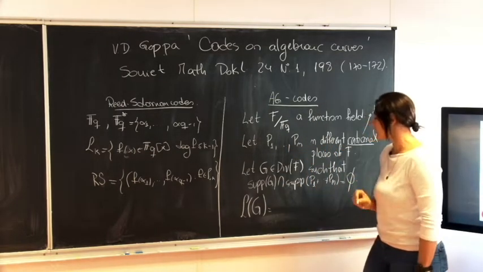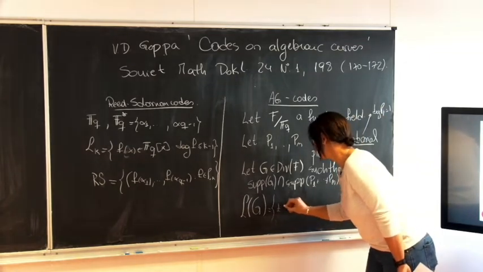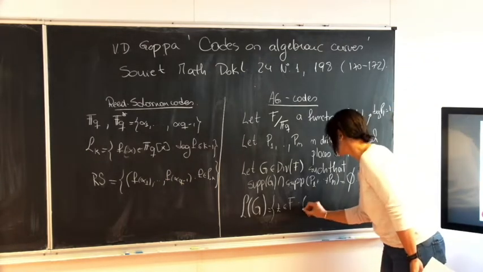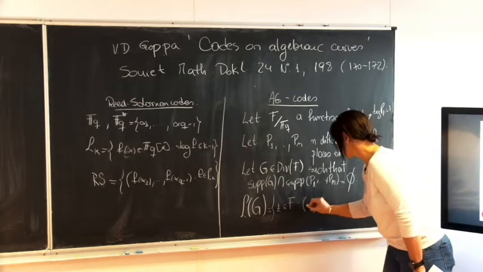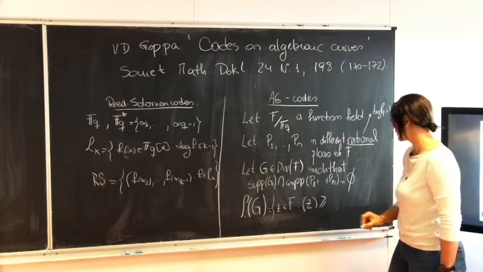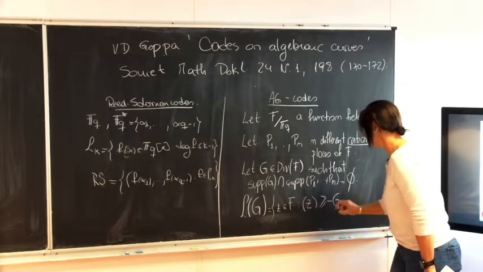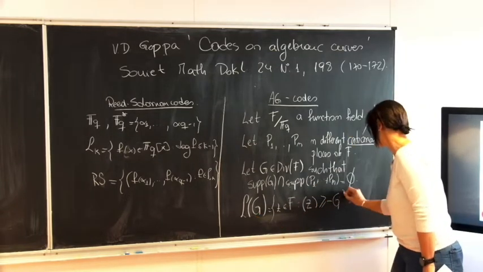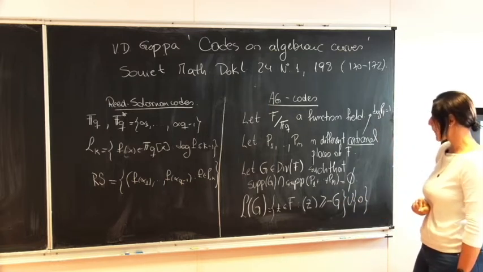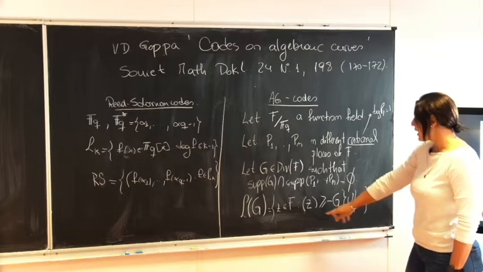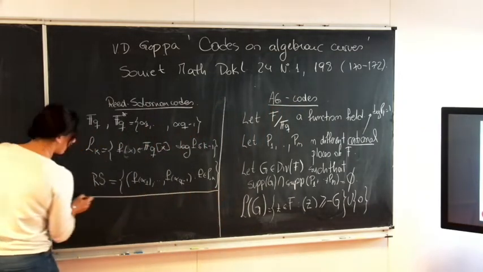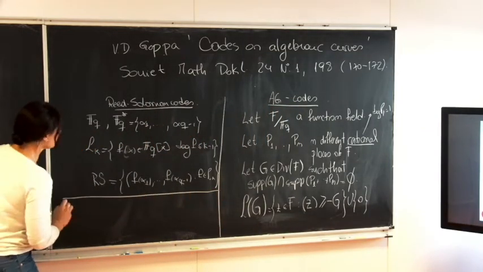And so instead of using this set, we use the Riemann-Roch space associated to G that we defined yesterday, where all the elements z of the function field are such that the principal divisor of z is greater or equal than minus the divisor G, and the zero, of course, because we want a vector space. And so with that, the AG code was defined. I'm going to write it here so we can have it next to the Reed-Solomon code.